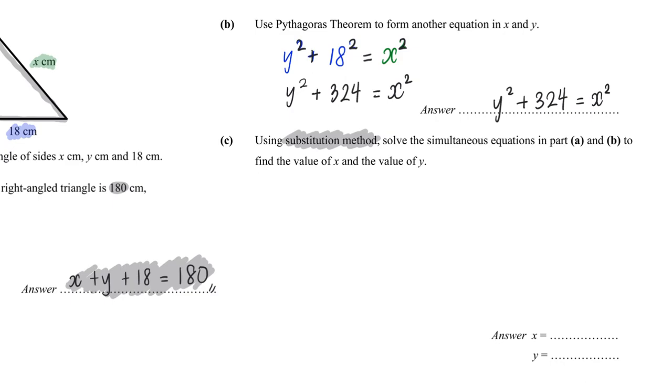So for the first equation here, that I just highlighted, since they want substitution method, I'm going to rewrite this as x equals to 180 minus y minus 18, because I minus y and minus 18 on both sides of this equation. So my x will be equals to 180 minus 18, 162 minus y.